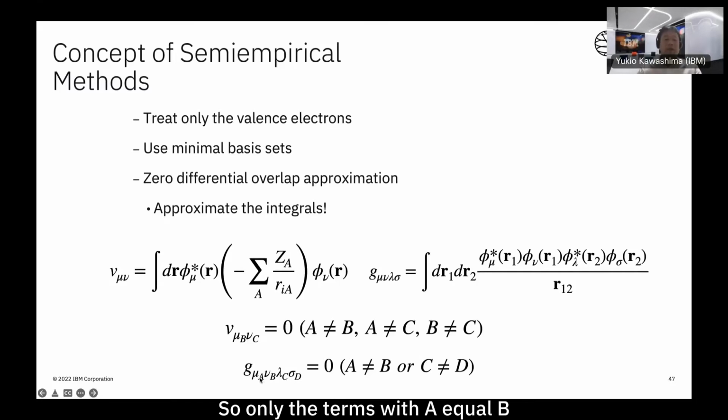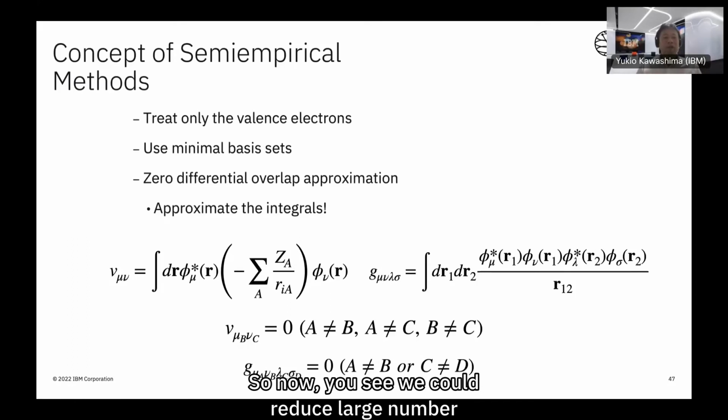So only the terms with A equal B and C equal D survive. Now you see we could reduce a large number of integrals to be evaluated. So you see the concept. Rather than accuracy, we want to solve the problem with low computational cost as much as possible.